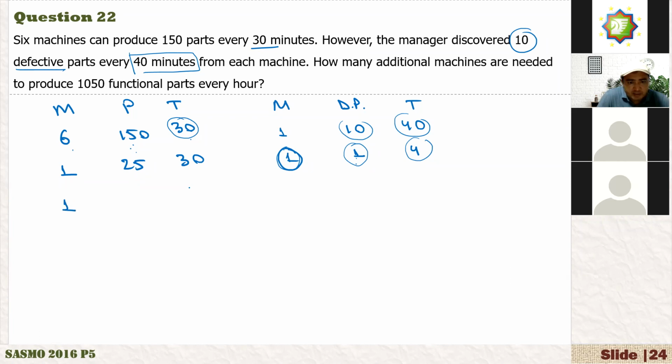One machine in 60 minutes produced, multiplied by 2, it is 50, right? So how about 40 minutes, divided by 3 and multiply by 2? Okay. One machine, 50 in 1 hour, 60 minutes. So one machine in 1 hour or 40 minutes.